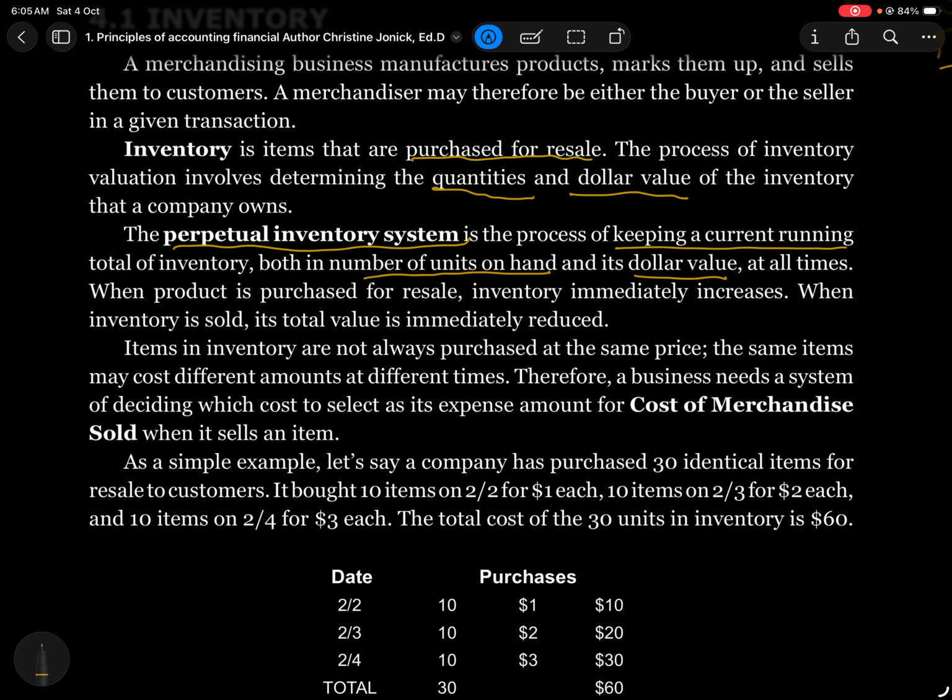At all times, that's the important thing, whereas in periodic, we don't do that. When an item is purchased for resale, our inventory automatically increases. When it is sold, we would immediately reduce it.